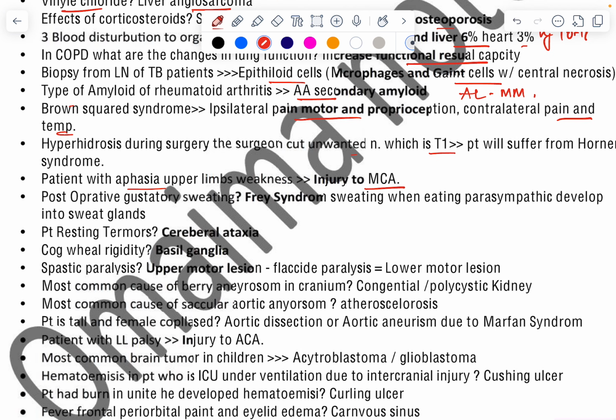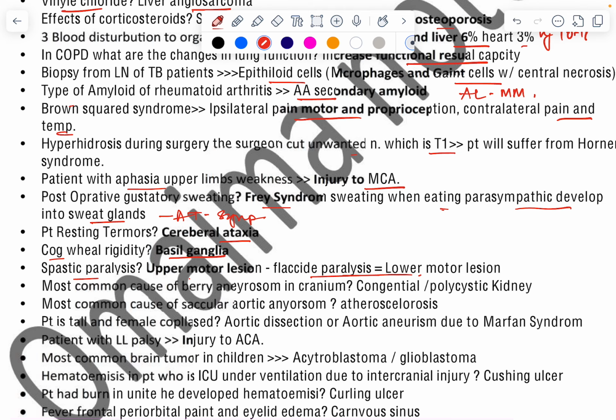Post-operative gustatory sweating, Frey syndrome: parasympathetic fibers develop into sweat glands via the auriculotemporal nerve. Resting tremors, cerebellar ataxia, cogwheel rigidity: basal ganglia. Spastic paralysis: upper motor neuron; flaccidity: lower motor neuron.